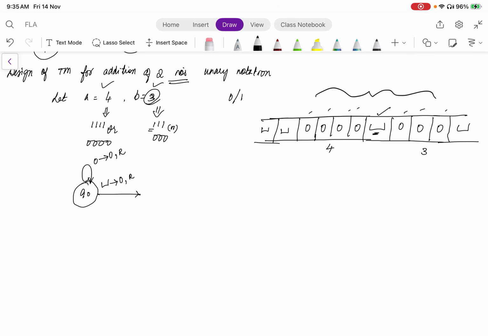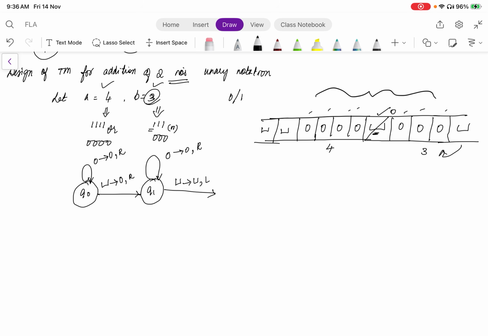Only then can you add the total number of zeros. So you change that blank space to 0 and keep moving right. In the Q1 state also, you will keep reading the zeros until you find another blank space. Don't do anything to the blank space, move one step left.